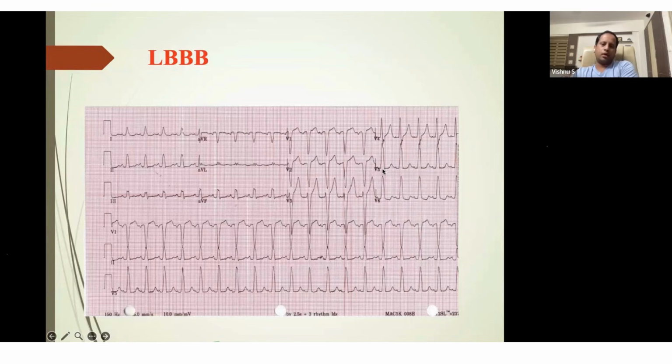There will not be any Q in lead 1, aVL, V5 and V6, because septal Q is always formed when the activation travels from left to right side. That initial activation from left to right through the septum causes septal Q in 1, aVL, V5, V6, and small r in V1.